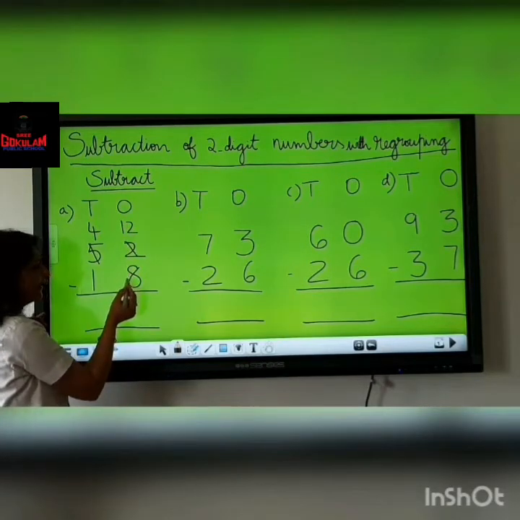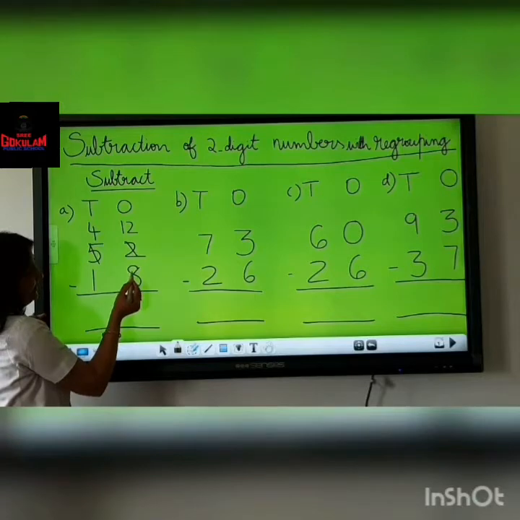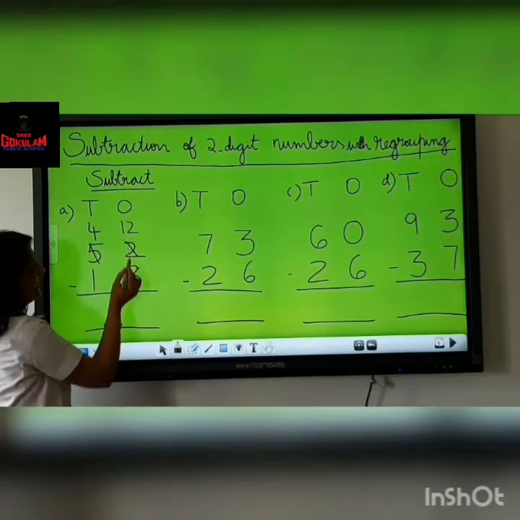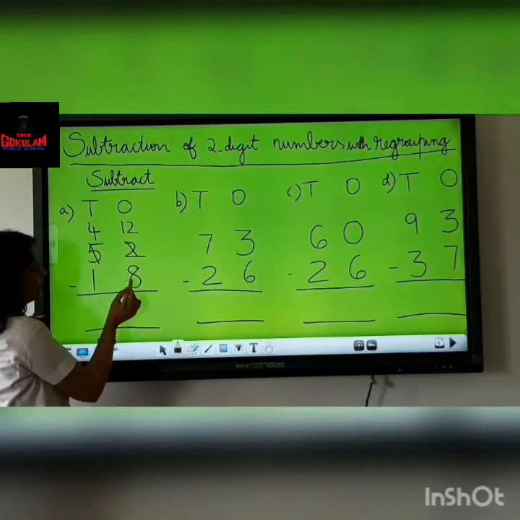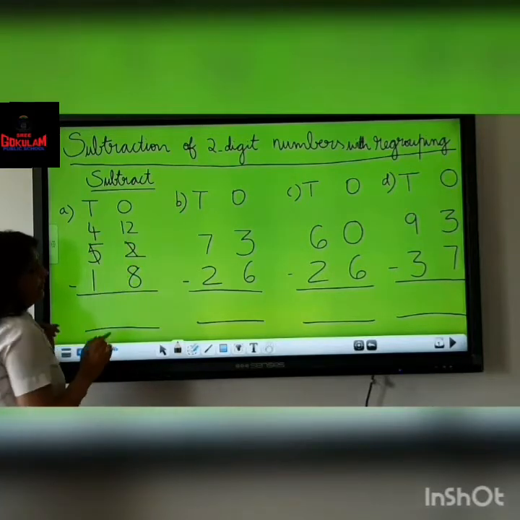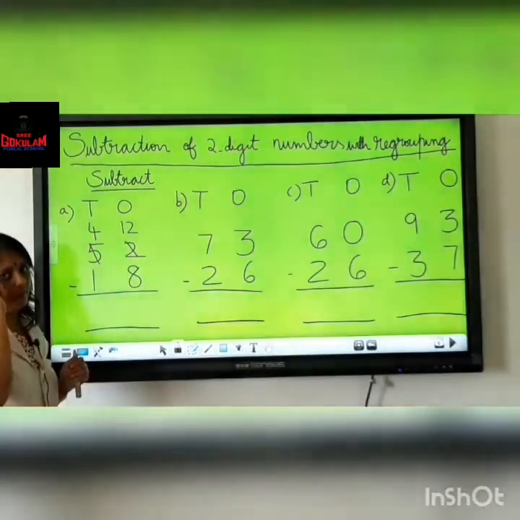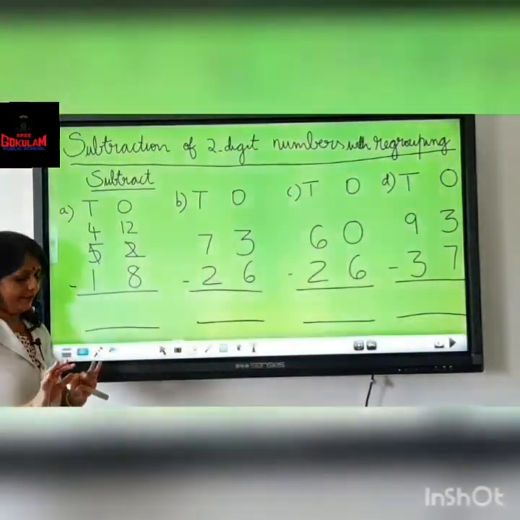Can we subtract now? Yes. You have 12 on the top. 12 is bigger than 8. So, we can subtract 8 from 12. What is 12 minus 8? Keep 12 in your mind, 8 on your fingers.